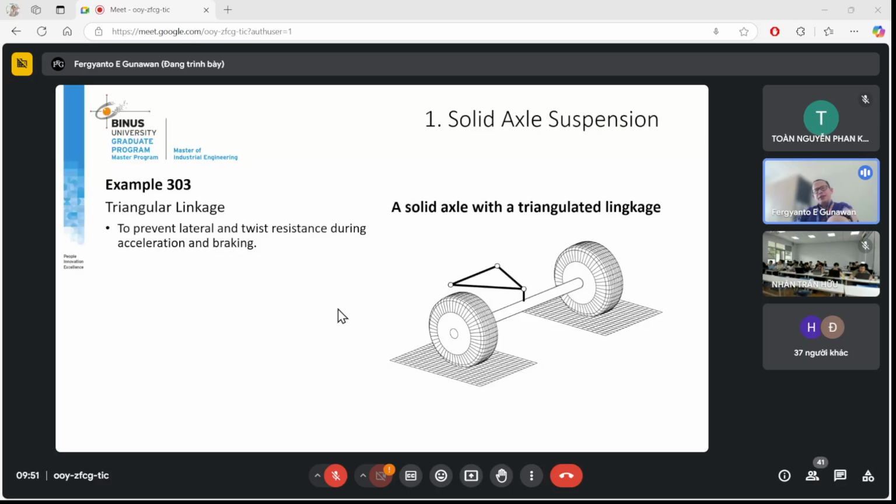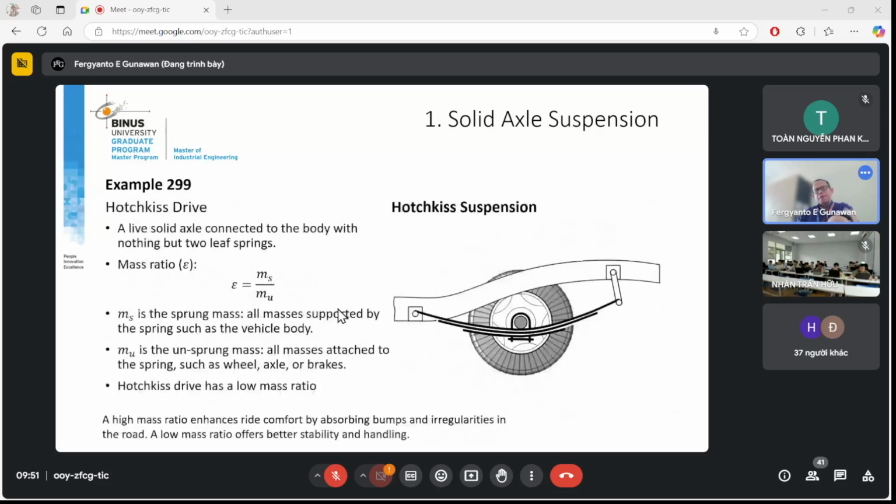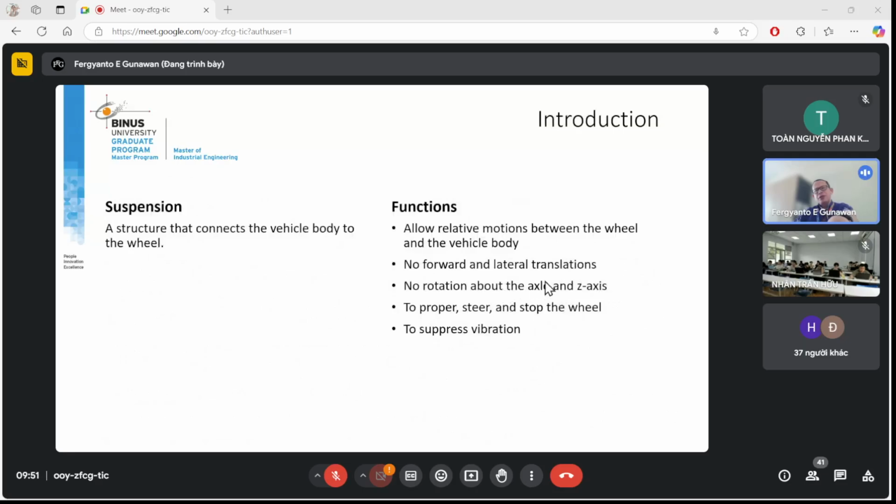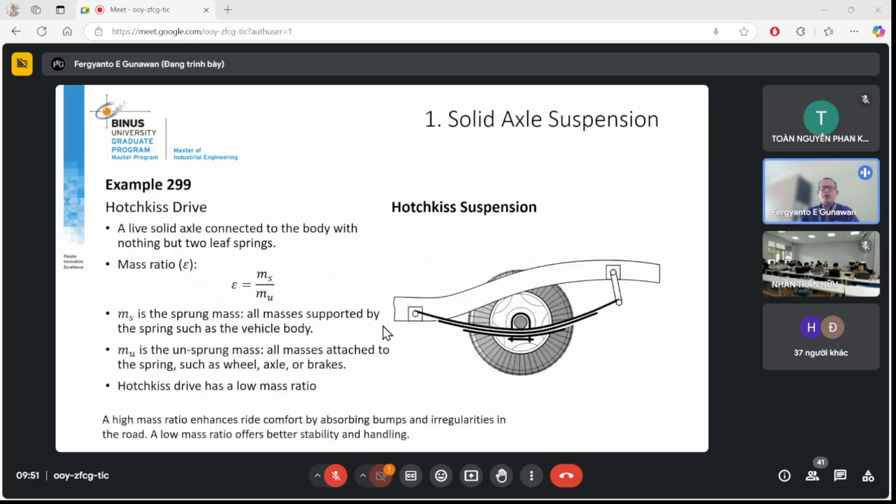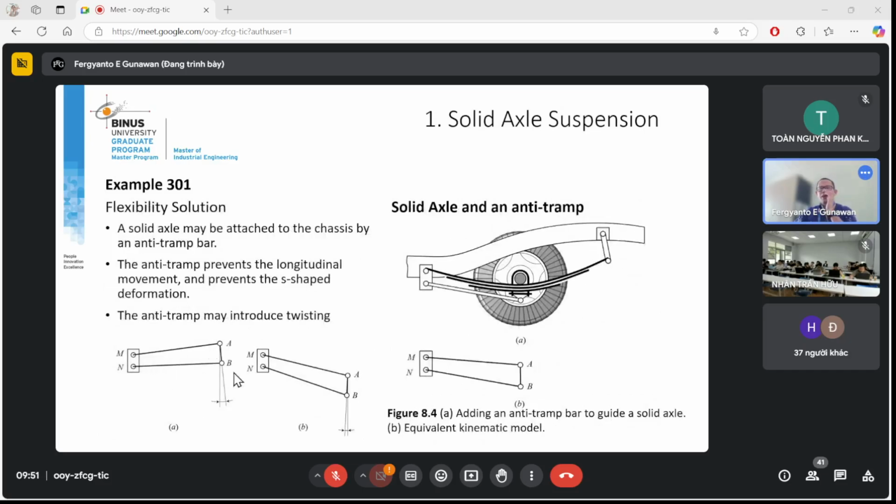In the previous slide, I said that a good suspension should not allow a movement in the lateral direction, in the direction of the vehicle lateral. So the vehicle should not move in the front relative to the wheel, right? Relative to the tire, but also should not move in the lateral direction. So now, if we use an anti-tramp mechanism, then we can prevent movement in the longitudinal direction, right?